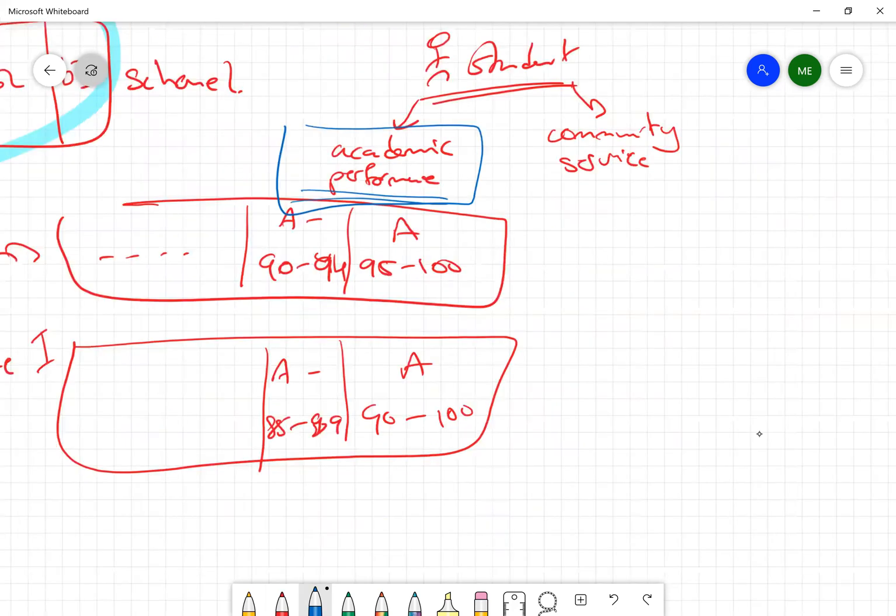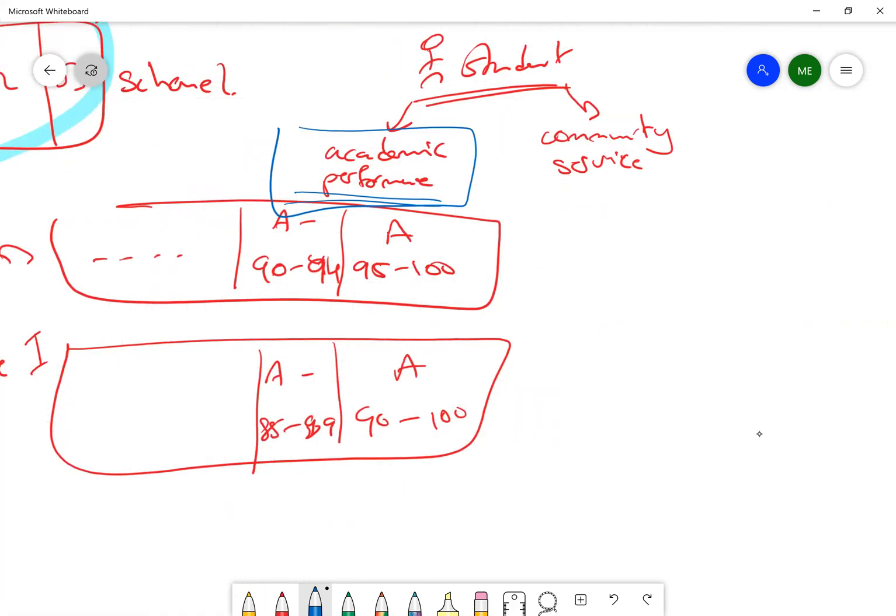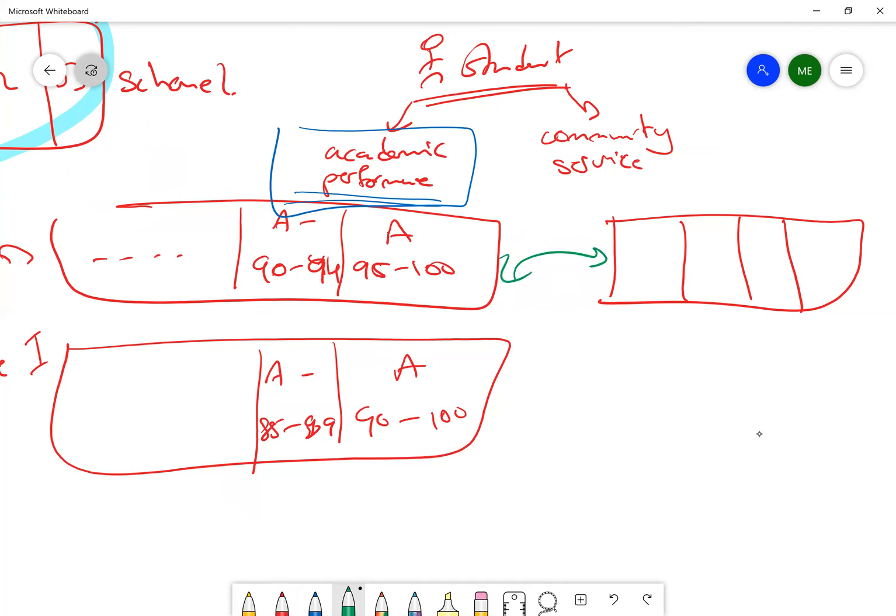And the community service, no, we're talking about a completely different characteristic that has its own partition scheme, and it cannot just be replaced by the partition scheme that I had for academic performance, because they're talking about two different things.